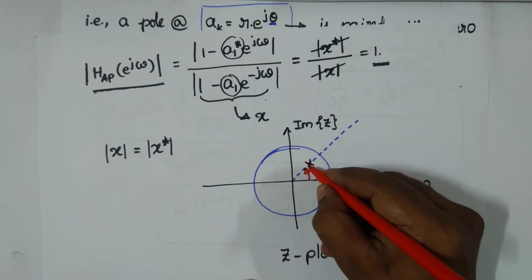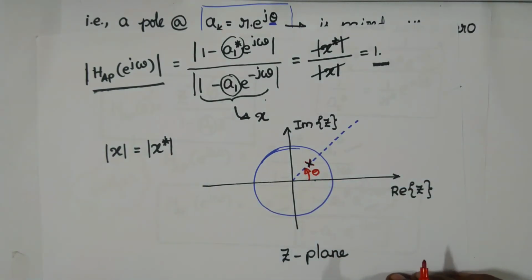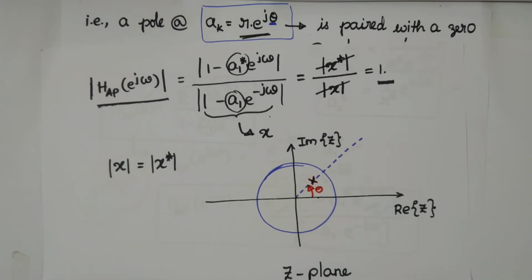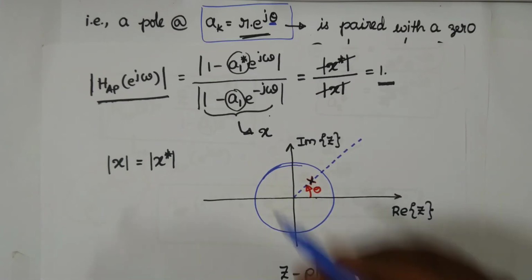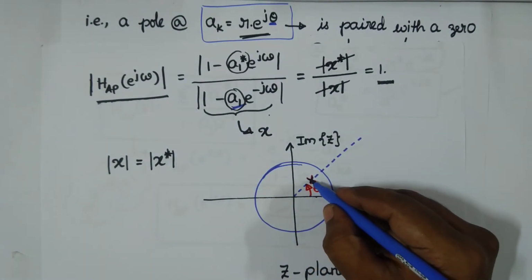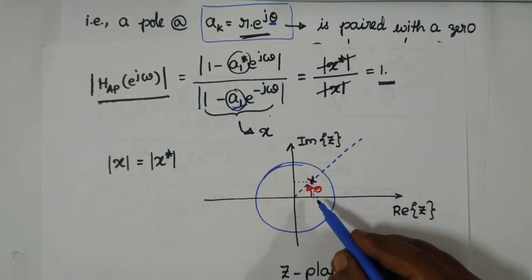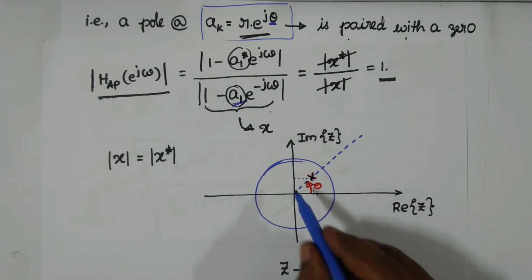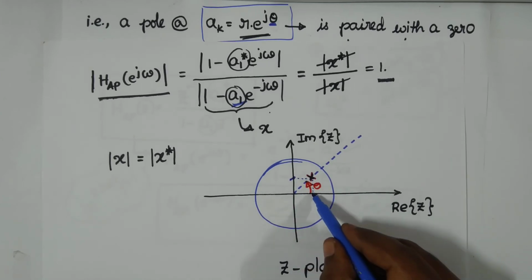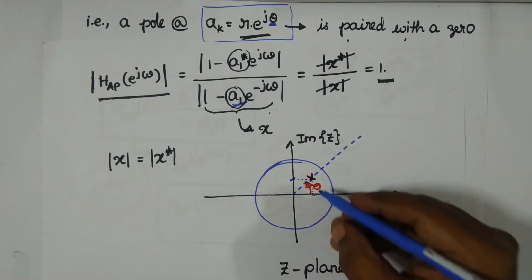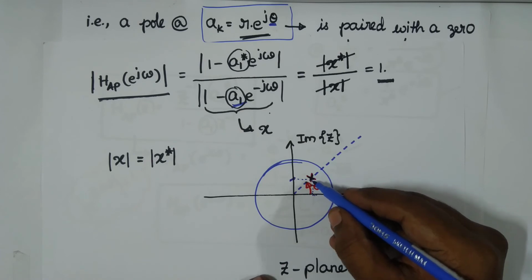So this is my pole, say a1, where a1 is complex. This is my real and this is my imaginary, so the real part of a is not equal to 0, and the imaginary part of a is also not equal to 0. So we have a truly complex pole.